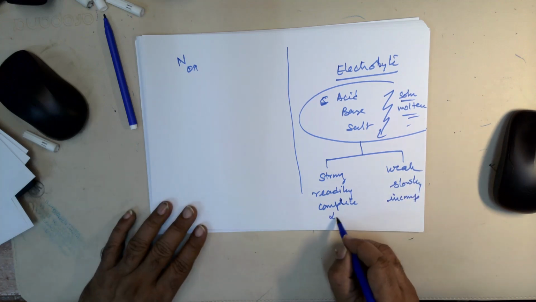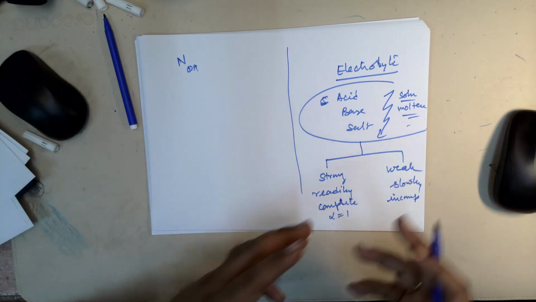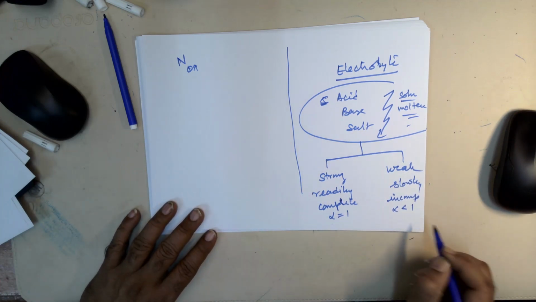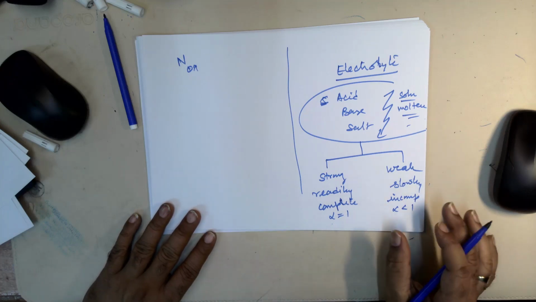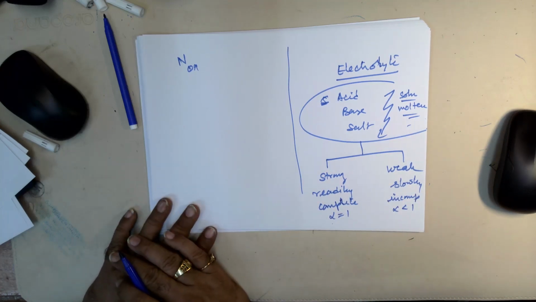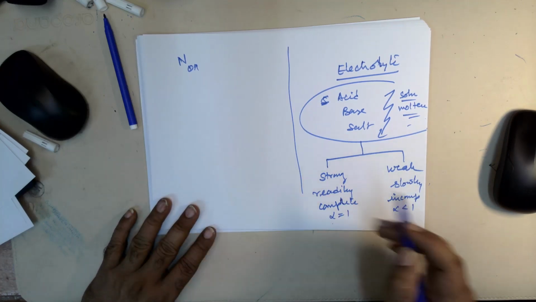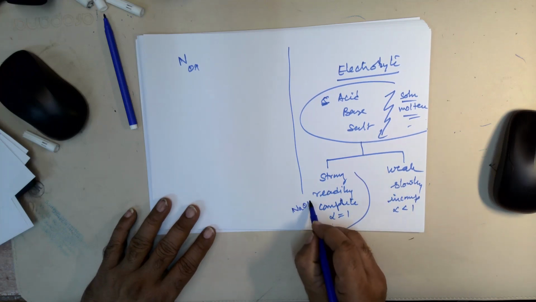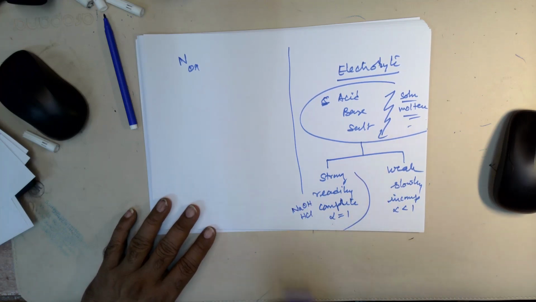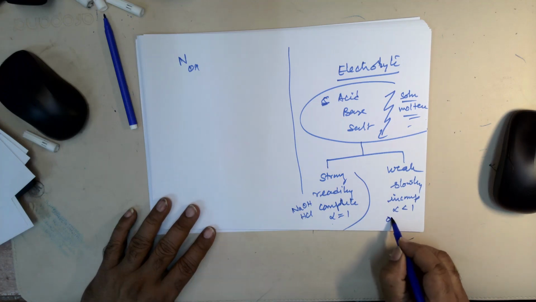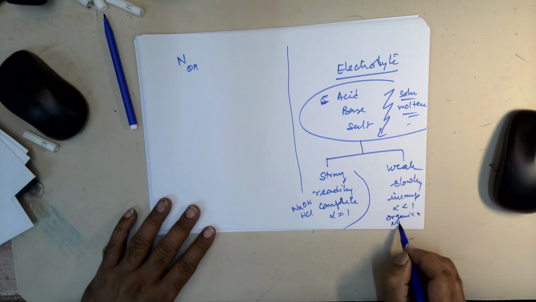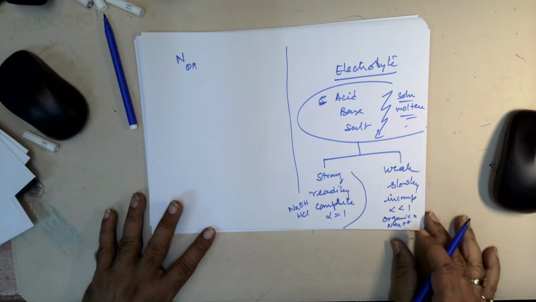Here the degree of dissociation is 1 because all the moles are dissociated, whereas here only part of the quantity is dissociated, so the degree of dissociation is less than 1. You can cite examples like NaOH, HCl, H2SO4. In the weak case, almost all organic acids, ammonia or ammonium hydroxide, etc.